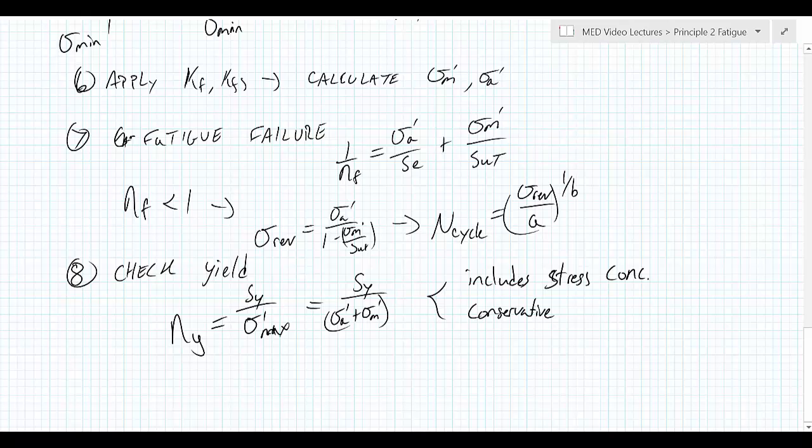So if your sigma A plus sigma M is still less than the yield strength, even when you include the stress concentration factors, then yes, it will not yield. You take the stress concentration factors off and you use the more accurate but more time-intensive way, and you'll also find that that value is even more so not going to yield.